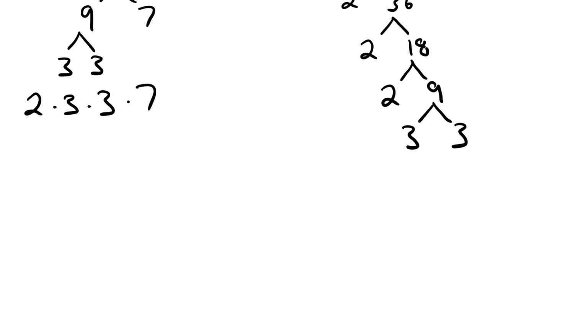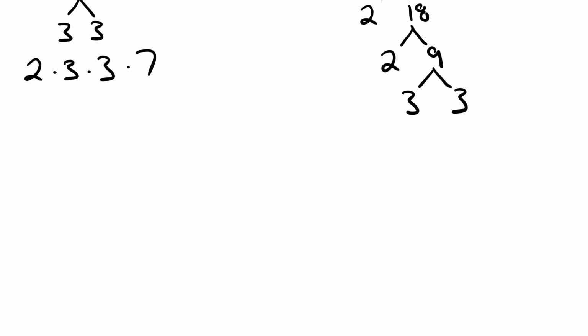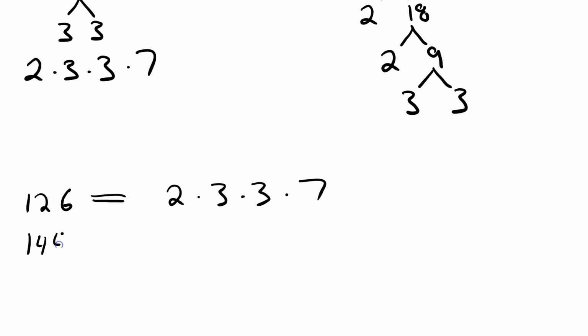So what we have to do now is take the first number of 126 and list its prime factors. So we get 2 times 3 times 3 times 7. And 144, we get 2 times 2 times 2 times 2 times 3 times 3.